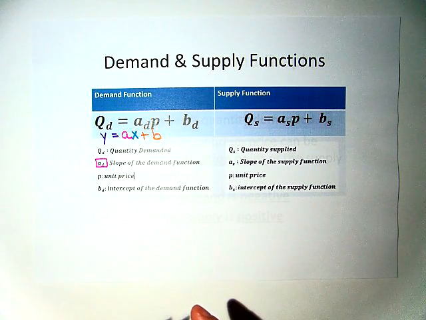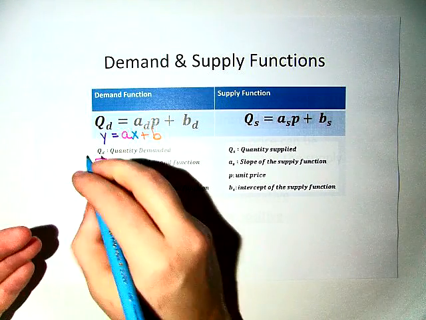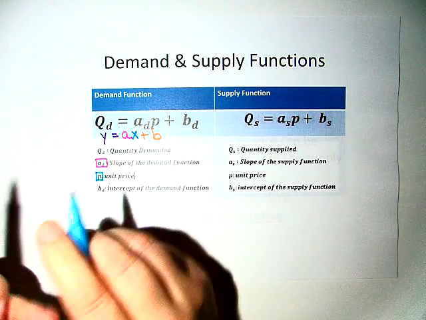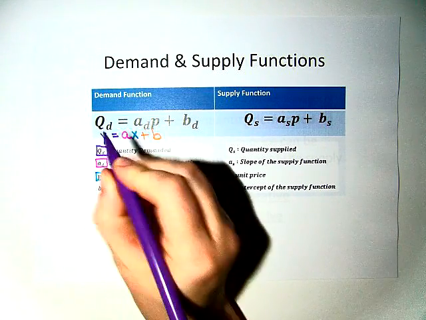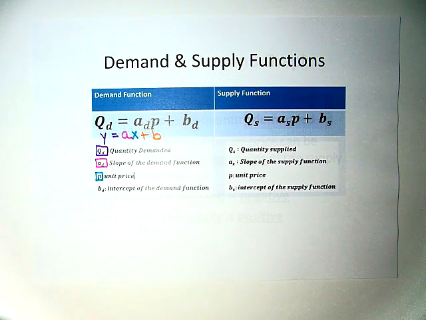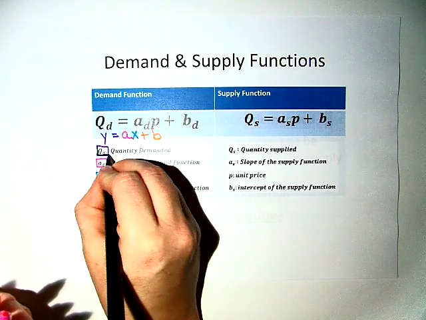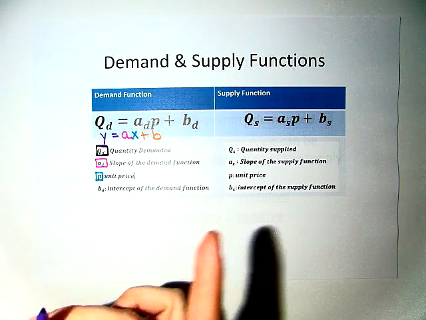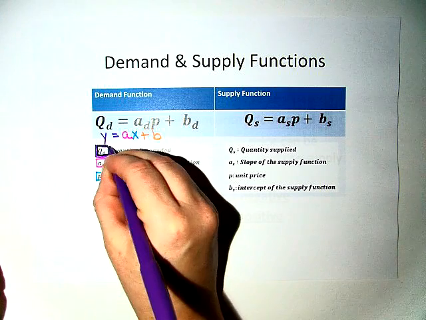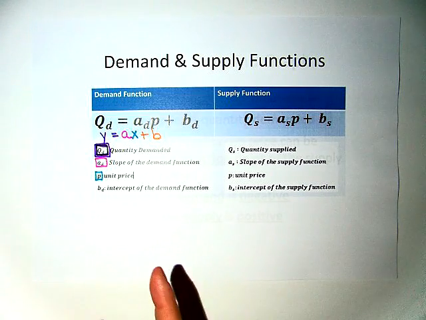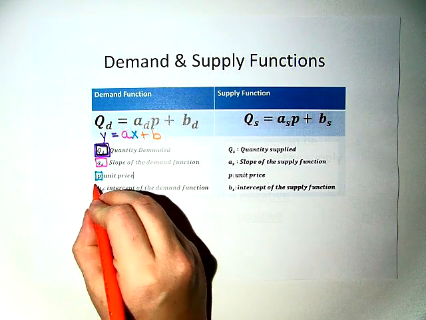P is your unit price, so that is your independent variable. The quantity demanded is your dependent variable. Normally for the dependent variable we use black, however, in this case we're going to use purple to show the difference between the quantity of supply and the quantity of demand. And then the last thing is the intercept of the demand function.